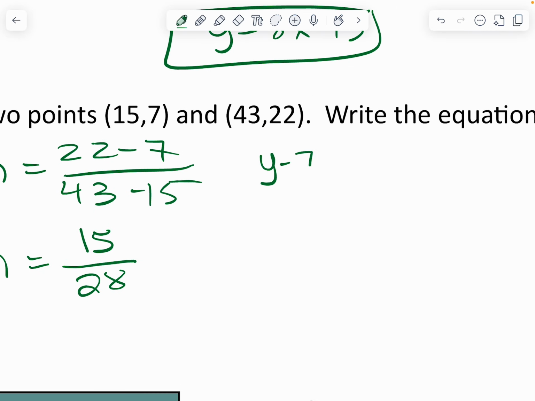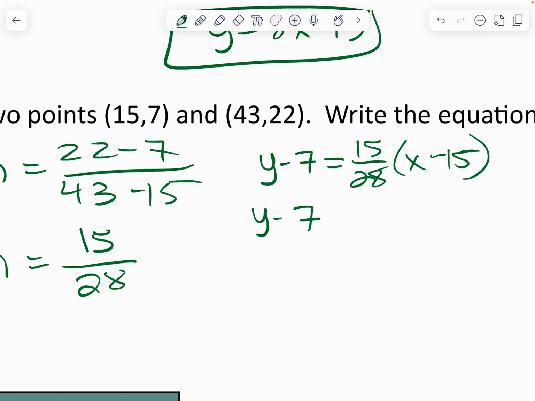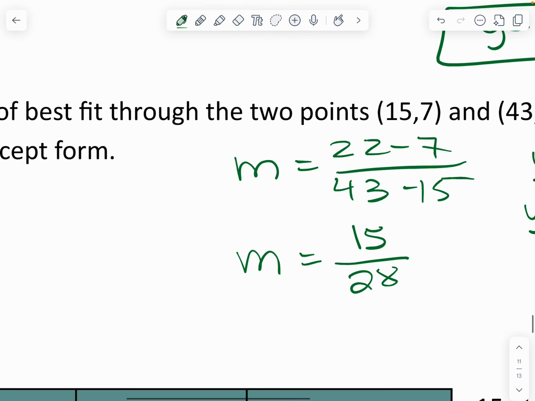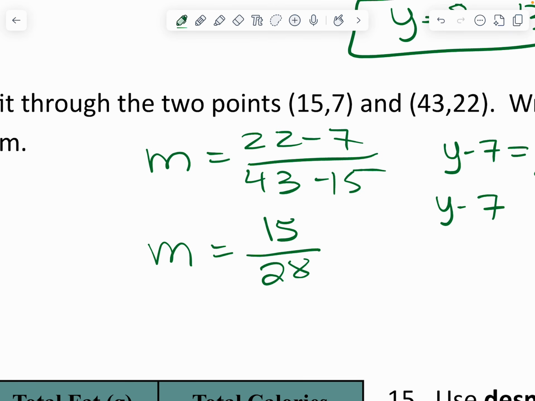So y minus 7 equals 15 over 28 times x minus 15. Did I subtract right? I'm feeling like I didn't subtract right. So 22 minus 7, 15, 43 minus 15, 28. No, I did it right.